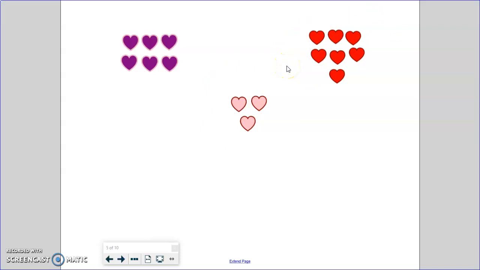If I wanted to put these in order, which has the smallest number of hearts? Pink has the smallest number of hearts because there are only 3. What number would come next? Which color has a larger amount of hearts than the pink, but not the most?